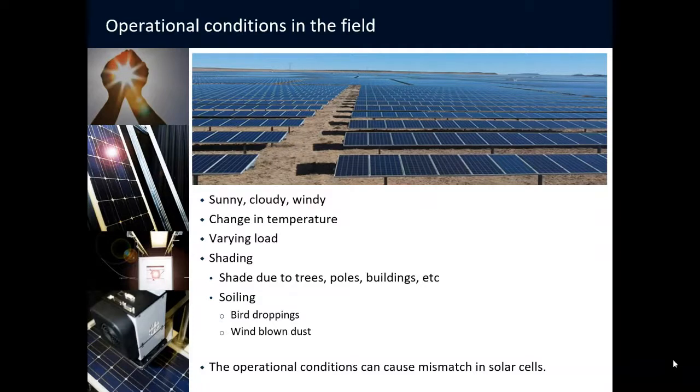So the dynamics in operational conditions can cause current mismatch in cells of operating PV modules.